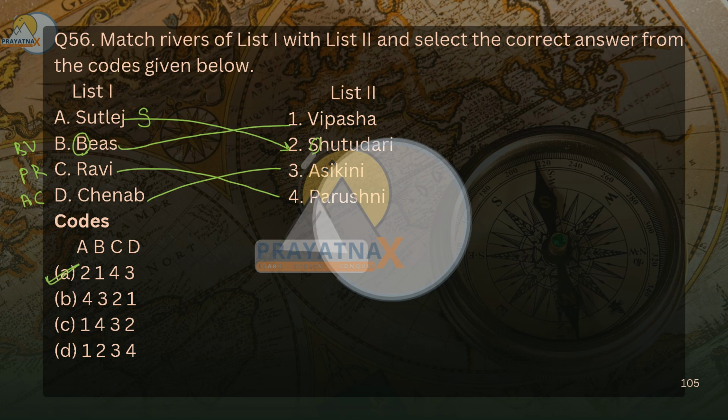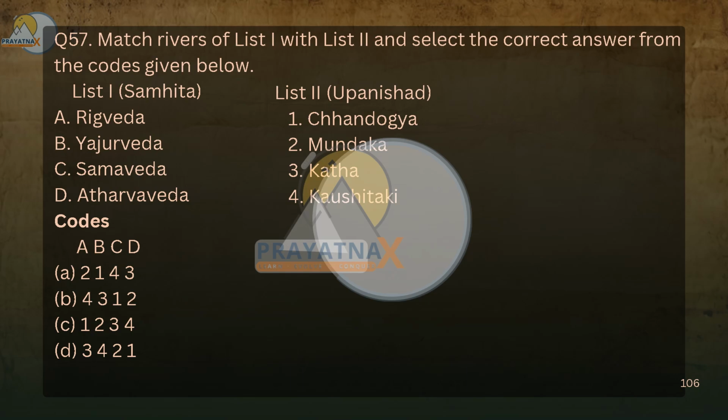Now moving on to the next question. Now list 1 has Samhitas and list 2 has Upanishads. Now you need to match the Upanishads with its respective Samhitas.